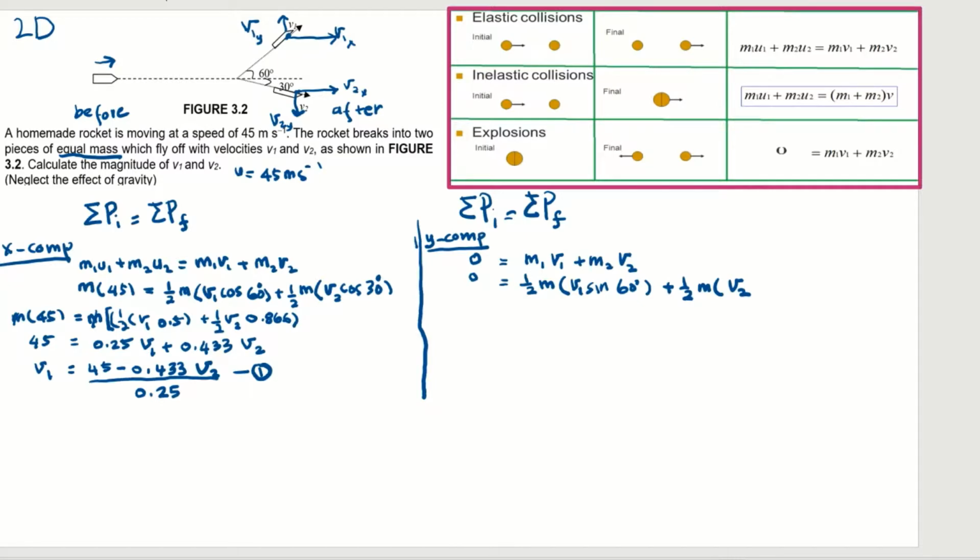Remember downward must be negative, so put negative v2 sin 30.